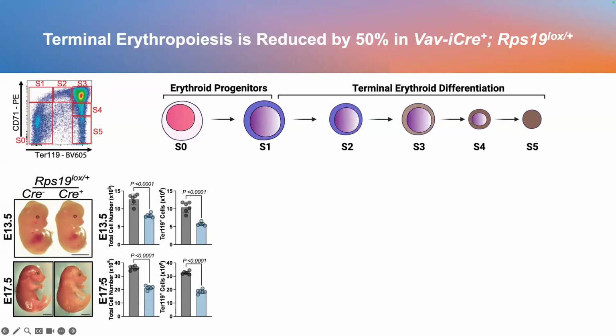And at 17 and a half, then this RPS19 heterozygous mice, and already we know they are haploinsufficient. I don't show the Westerns here, but they are haplo. What we observed is a 50% decrease in the total cell number, and this is due to a 50% decrease in the TER119 positive cells.